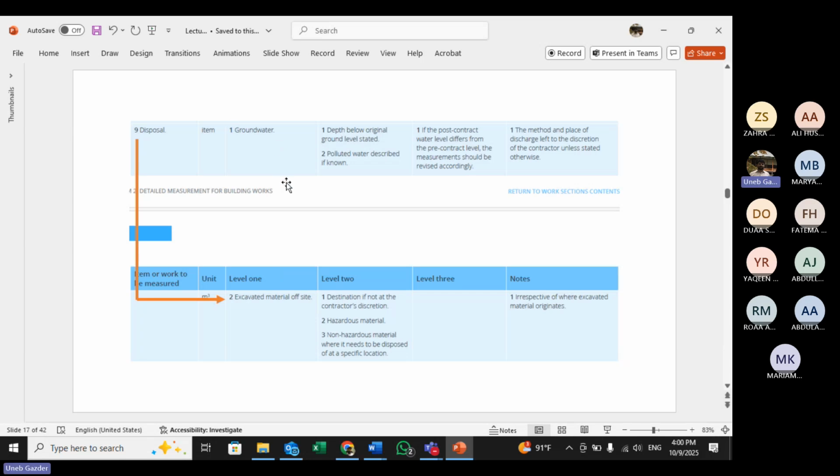This is again, there are some sites where the groundwater level is so high that when you do the excavation, the water will start coming from the sides into your excavation. And it comes at very high pressure. There are some sites like this in Bahrain as well.